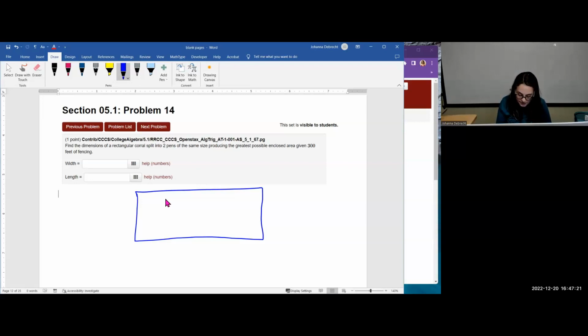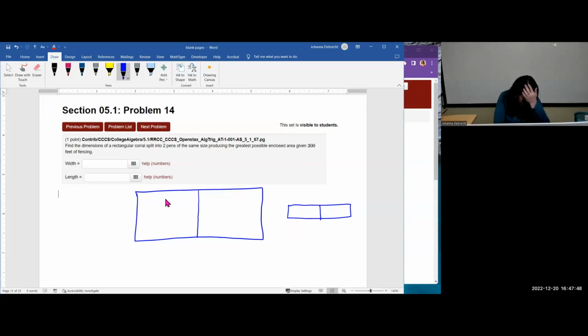Oh, well, then I'm going to have to split it down the middle. That doesn't necessarily mean they're going to be squares. They could both be rectangles, right? If it's shaped like this and I divide it in half, they're definitely not squares, right? So I got this. And now it says producing the greatest possible enclosed area given 300 feet of fencing.